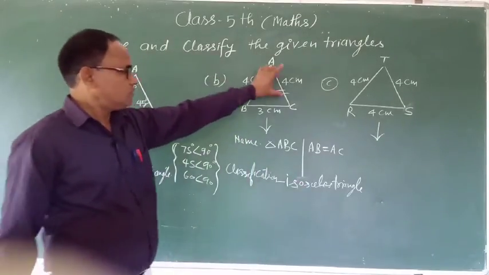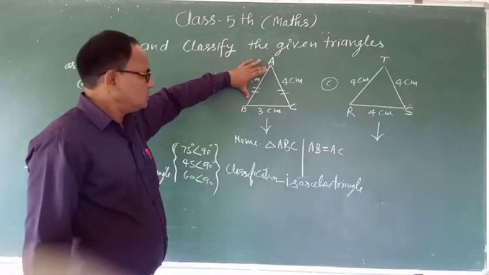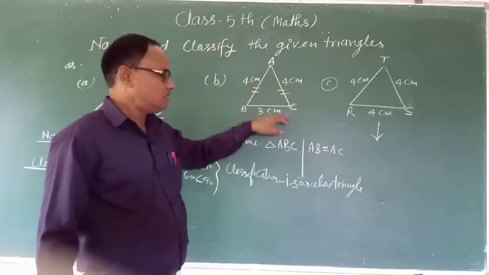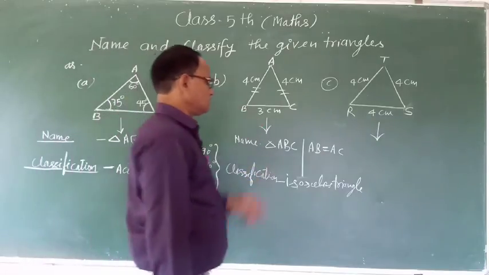Here AB is equal to AC on the basis of the sides, then ABC is an isosceles triangle.